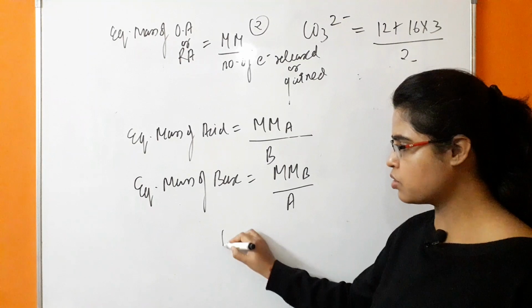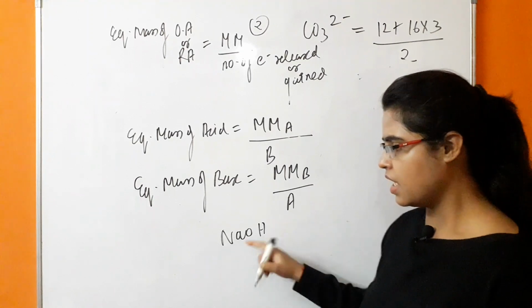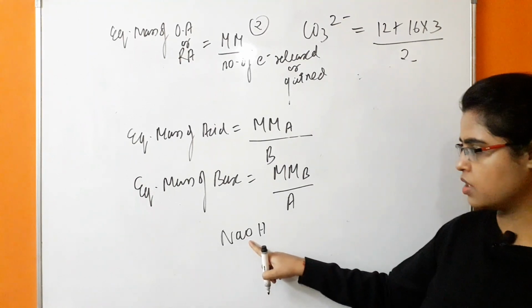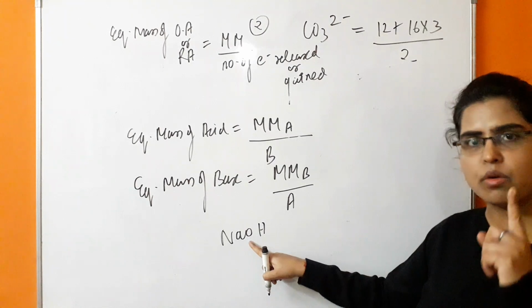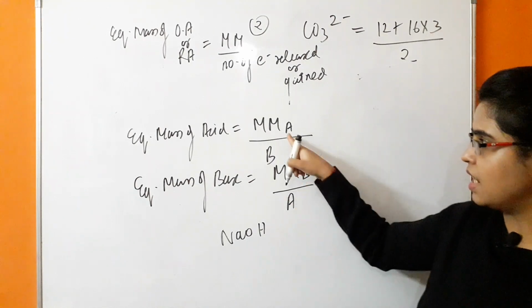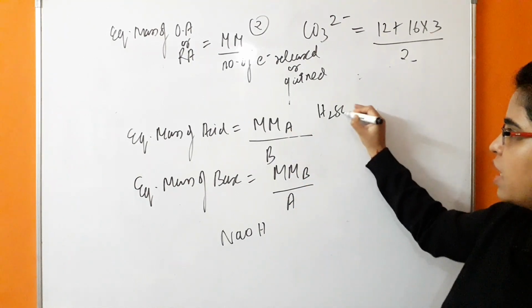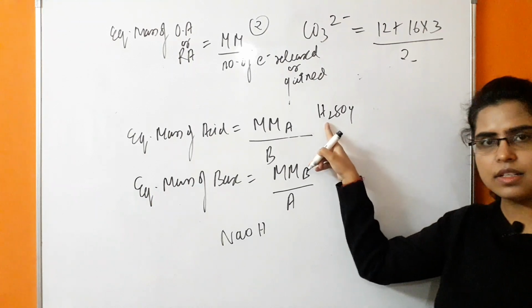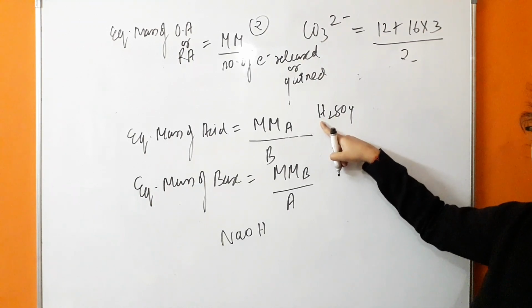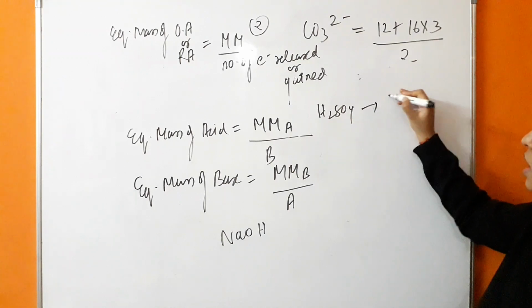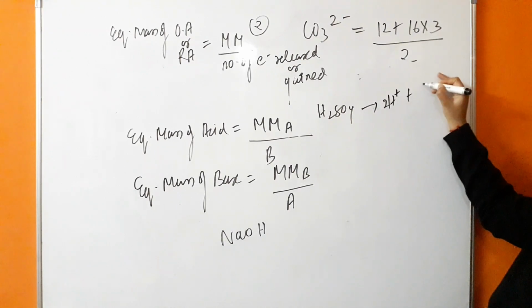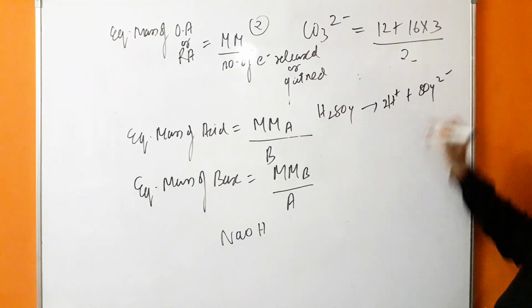Example, in the case of NaOH, there is only one displaceable OH-, whereas H2SO4 is an acid. In this case, how many H+ ions are displaceable? 2 H+ ions. It means 2 H+ and SO4 2-.